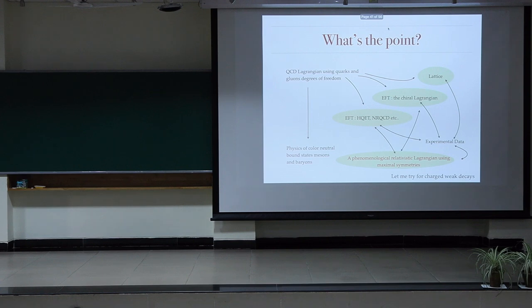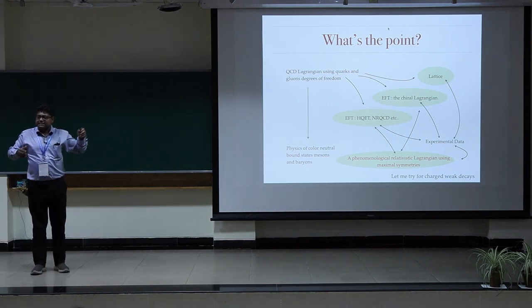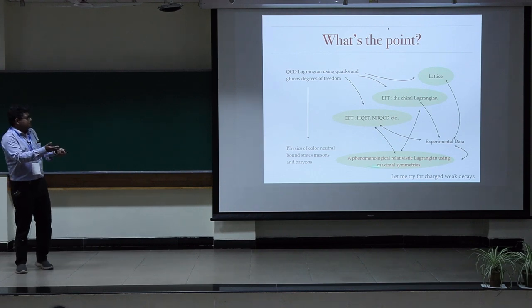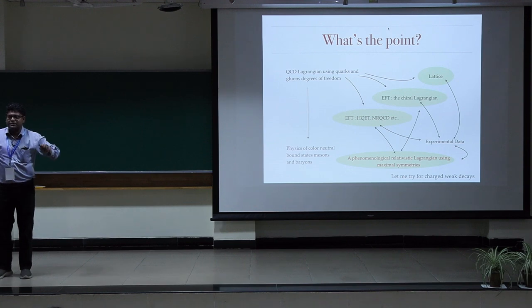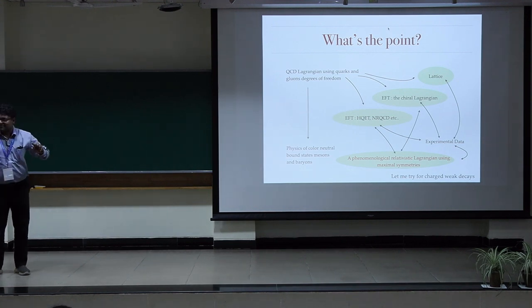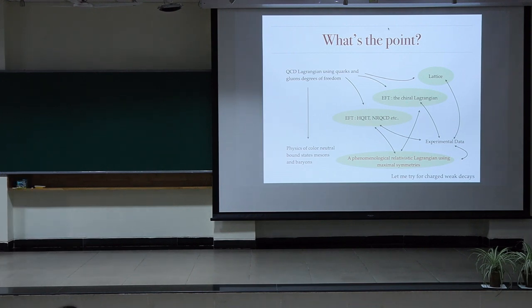That tells me, not by starting with QCD, that there might exist a phenomenological relativistic Lagrangian which has all the bound states together, at least for the pseudoscalar part right now. That's what I'm considering, which in the appropriate limit goes back to HQET and chiral Lagrangians. So this is basically the intuition.